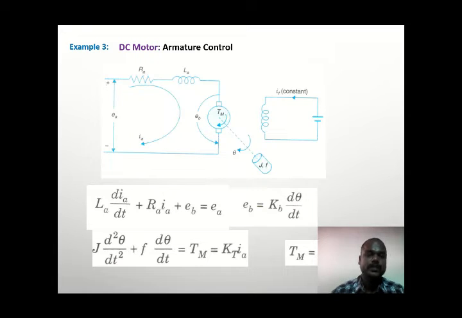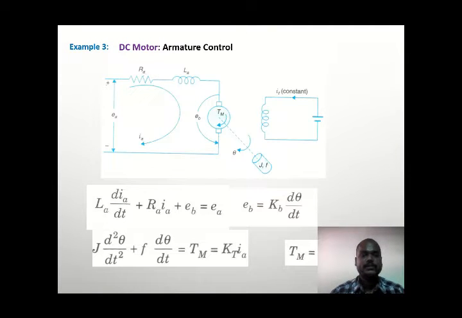This is input voltage Ea, which is equal to the voltage across this inductor, represented by L di/dt, plus the voltage across this resistance RaIa, plus Eb. Eb here is the back EMF which is produced in the armature coil due to the rotation of this shaft. So we can obtain this relation: Eb equals Kb d theta by dt, generally known as angular rotation speed, represented by omega.